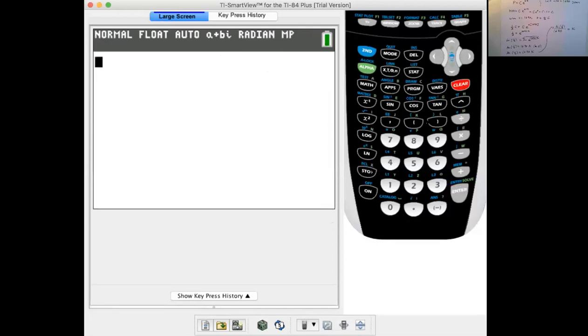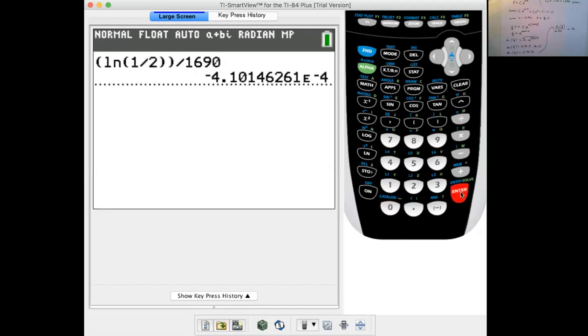So let's get that in the graphing calculator. Natural log 1/2 on top, divided by 1,690 on the bottom. And I get that very, very small number. So I'm going to store that in K. It's negative, converting back from scientific notation.